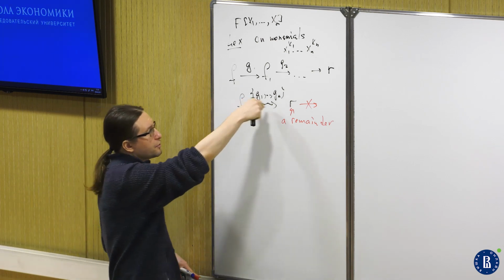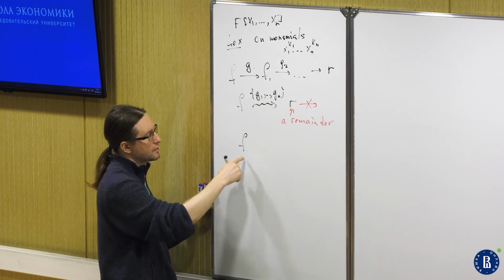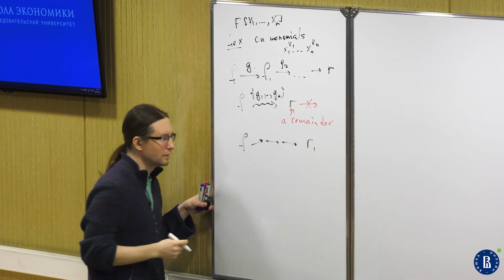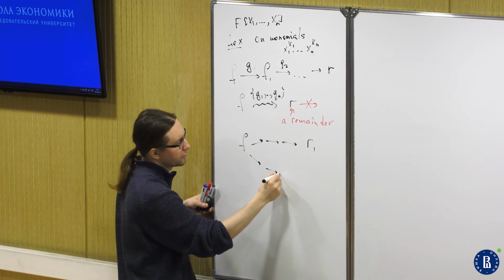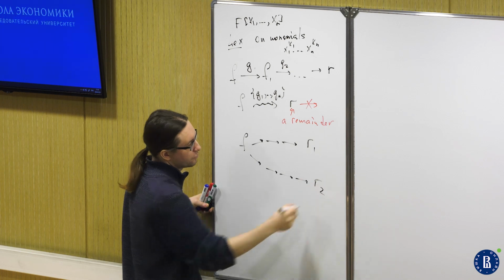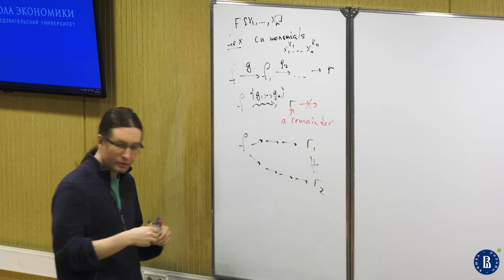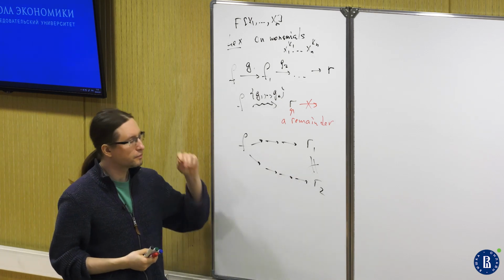If you're given an arbitrary set here, it may happen that for some polynomial, one chain of reductions leads to a remainder R1, and another chain of reductions leads to a remainder R2, and these two remainders are not the same. This is the kind of issue we don't want to have.